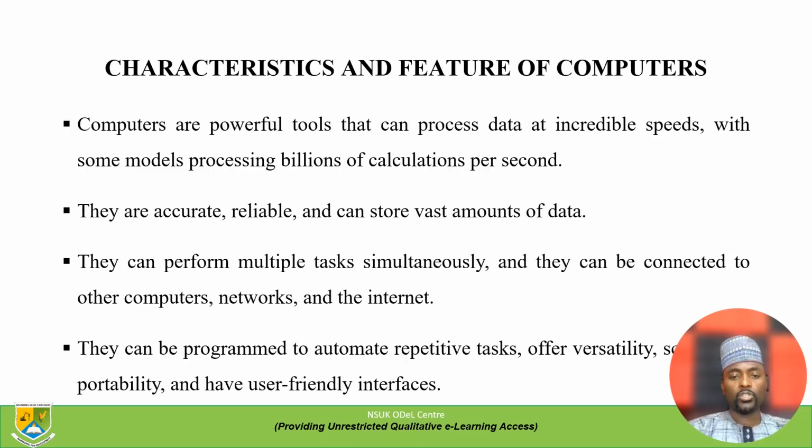They can perform multiple tasks simultaneously, and they can be connected to other computers via networks. They can be programmed to automate repetitive tasks. They offer versatility, portability, and they tend to have user-friendly interfaces.